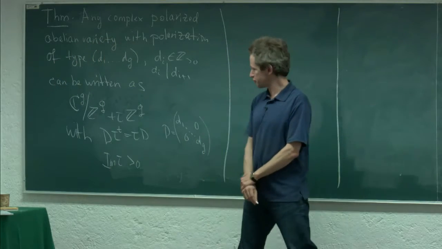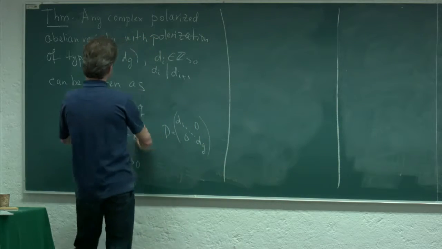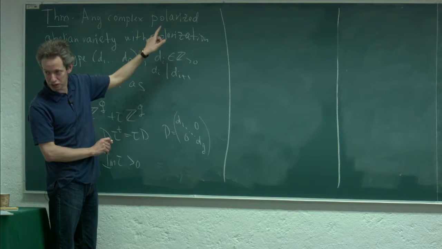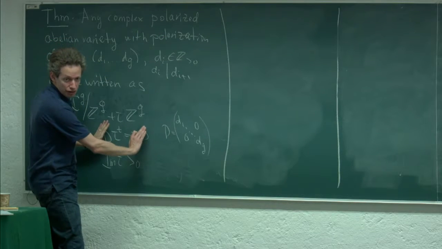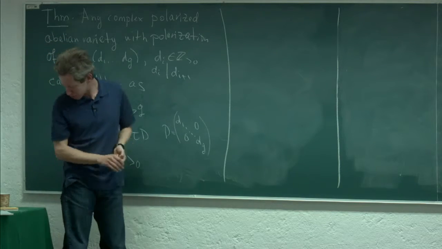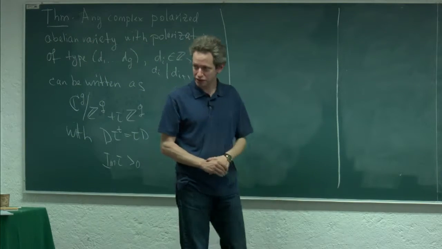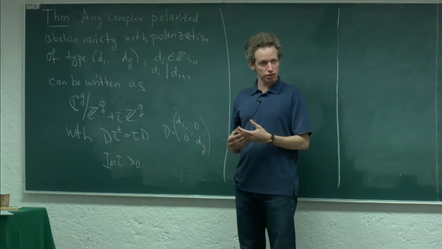Okay, sorry, thank you. Last time I somehow didn't write d and didn't write principally here. So I should have done one of the two things. I could have either written any complex principally polarized abelian variety, as I said, or I could have written this thing. Of course this was confusing, because then somebody asked whether any complex polarized abelian variety is automatically principally polarized, and it's not. It's isogenous to one.